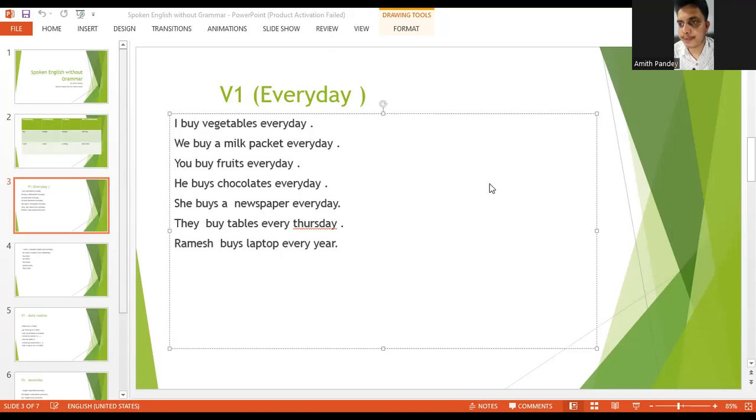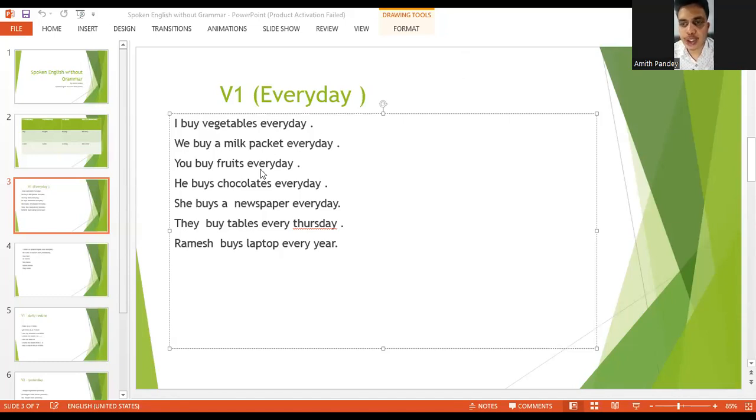Okay. So in case of he, she, and name, what we need to use? S or ES, because these are the singular entities. Okay. So he buys, she buys, Ramesh buys.